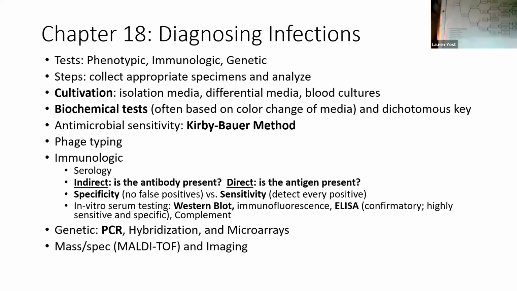You don't have to worry too much about how the breakdown is on this, but let's say that you had a gram-negative organism. This says gram-negative. When you grew it in your fermentation media that had your different kinds of sugars in it, you did not produce gas in your glucose. So did you produce acid in your sucrose? Let's say you did.